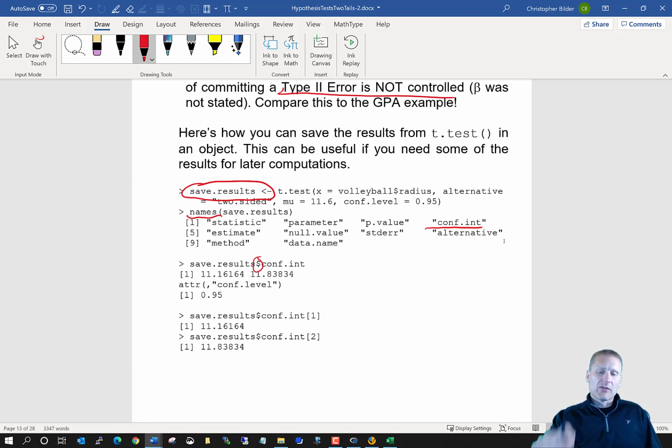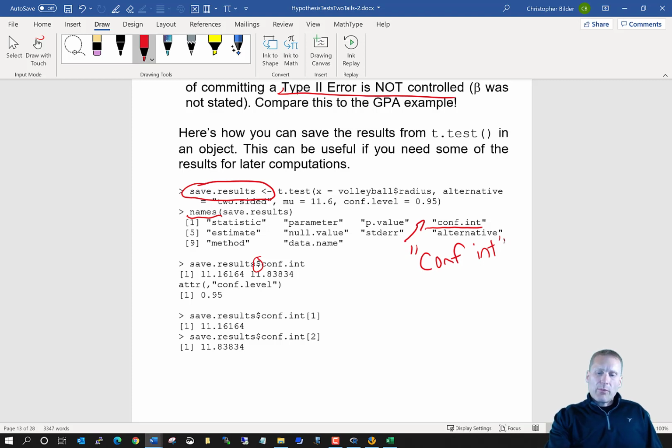Just a small side note that sometimes you see, I don't know if we'll see it in this class, but you might see it in another class where you use R. Let's say instead, rather than conf.int, it was conf space int as that value there.